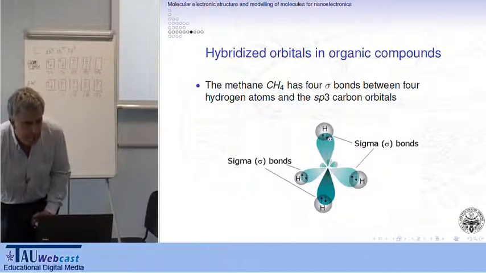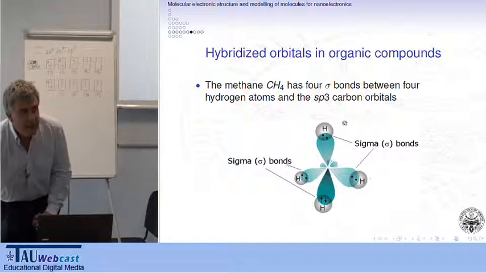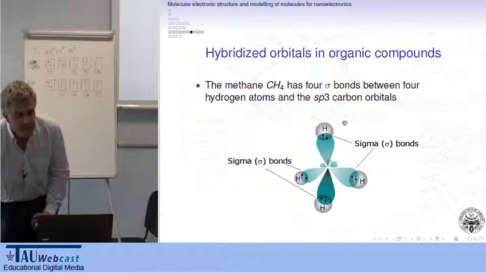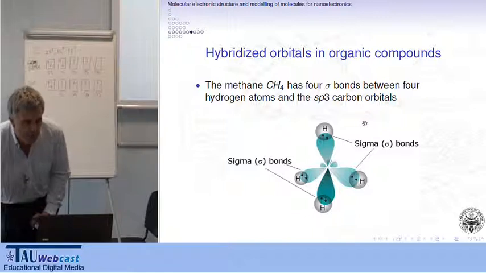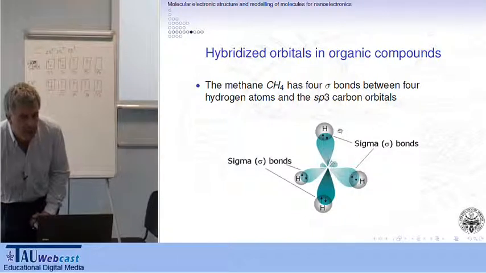So probably the maximum density of the electrons between hydrogen and sp3 will be in this region, in this region, in this region, and the structure is this one. So we can understand that methane can be explained in terms of the hybridized form of the carbon plus 4 sigma bonds with hydrogen atoms.